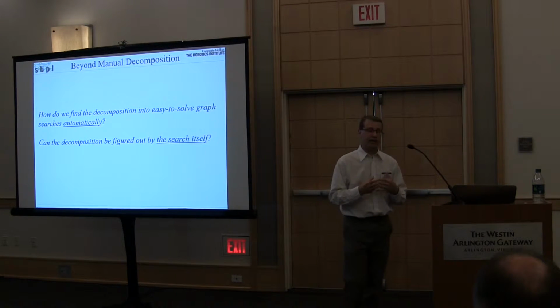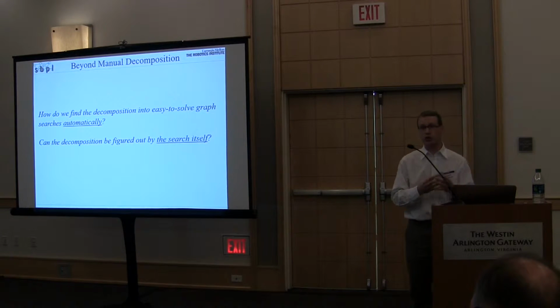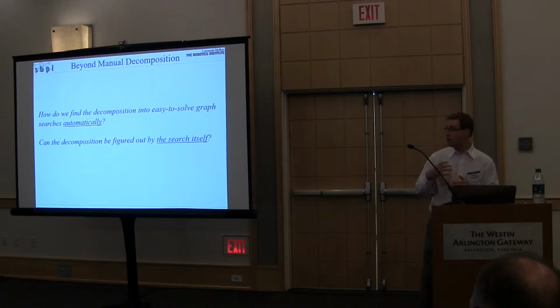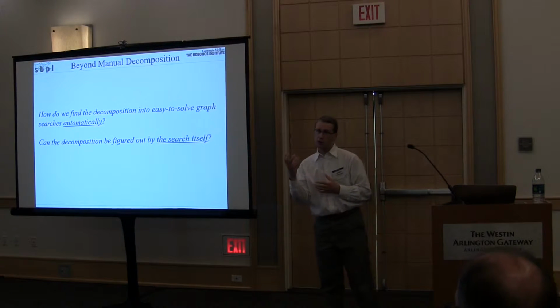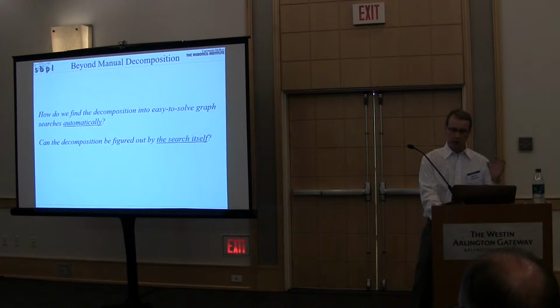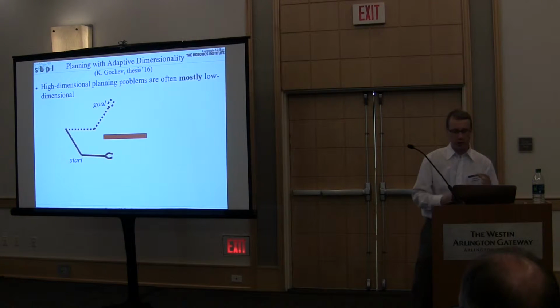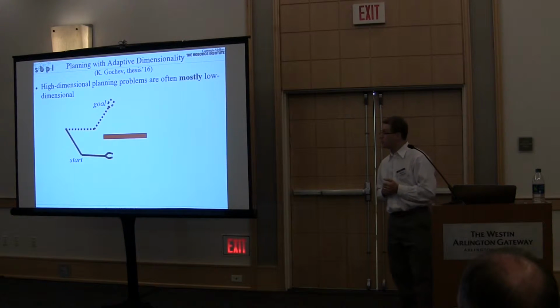I think part of that is trying to incorporate it within the search, so that as you do the search for the plan for these robots, you're trying to figure out what this decomposition is, and how you can start out with easy-to-solve graph searches and gradually increase the complexity of the graph.